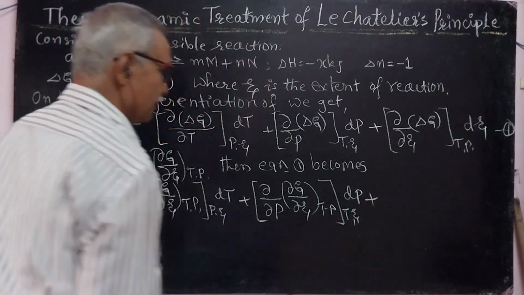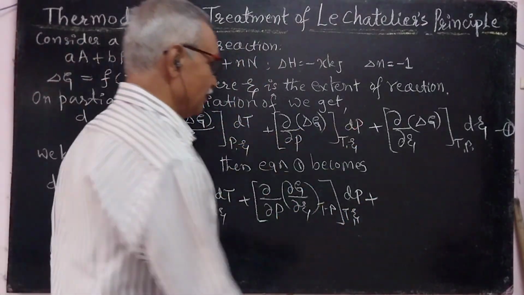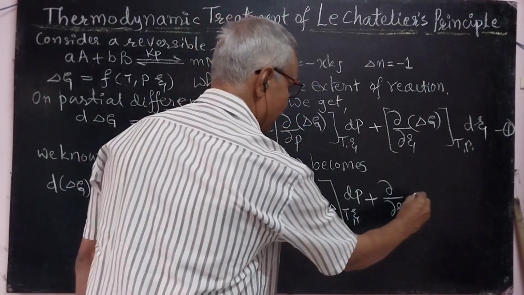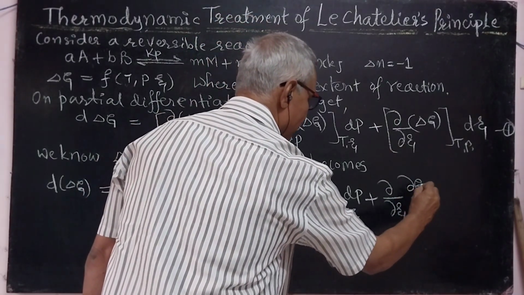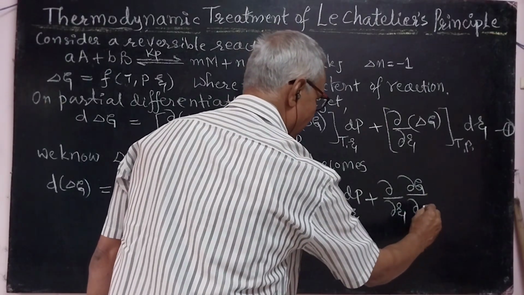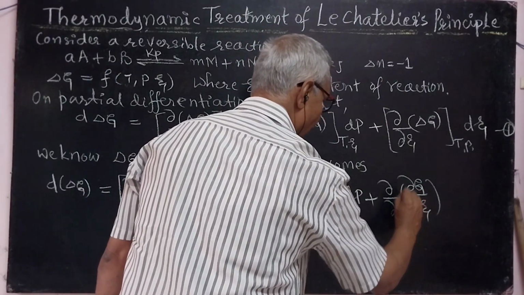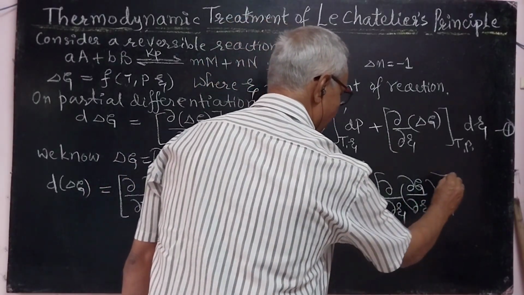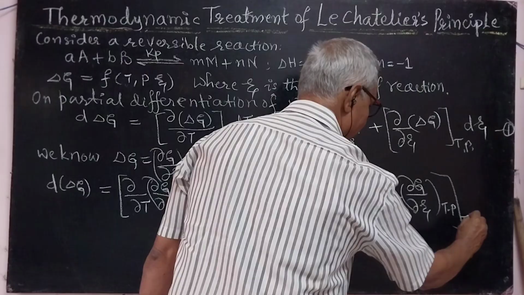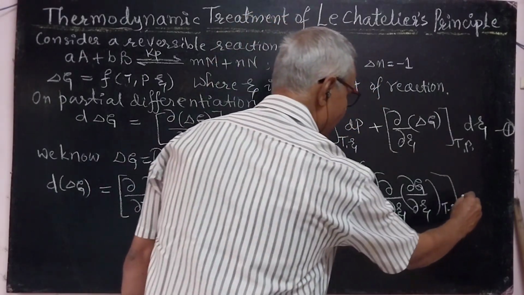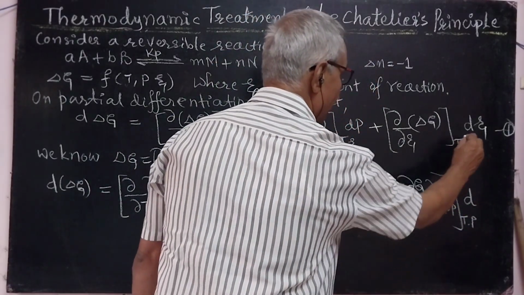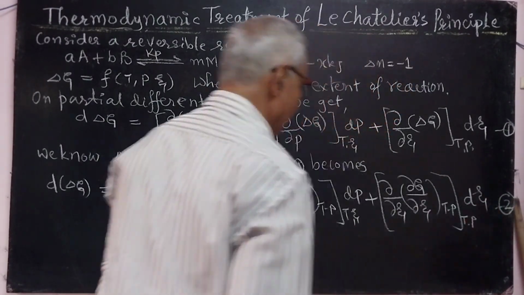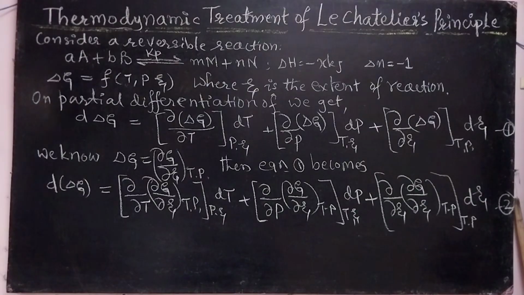Plus here also we substitute the same, dou G by dou epsilon at constant temperature and pressure, into d epsilon. Suppose this is equation 2.